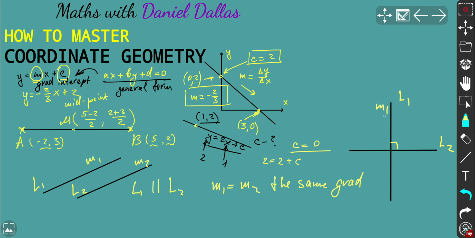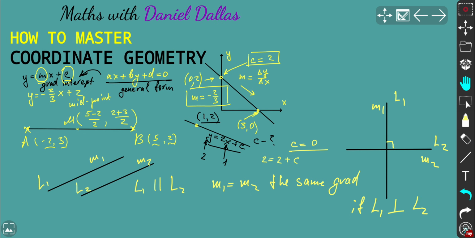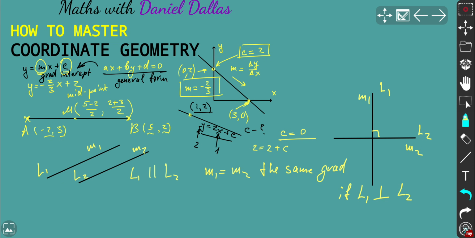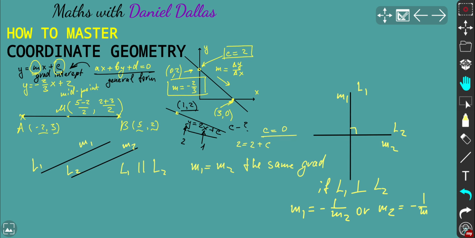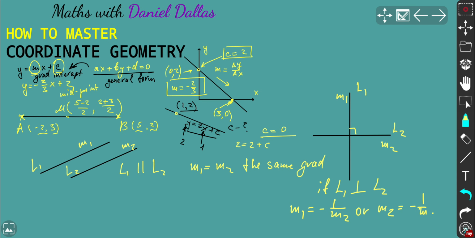If L1 is perpendicular to L2, the gradients are going to be negative inverses of each other. That means M1 is -1 over M2, or vice versa, M2 is -1 over M1. It doesn't matter how you write it. Those properties are really significant, so they're necessary skills.